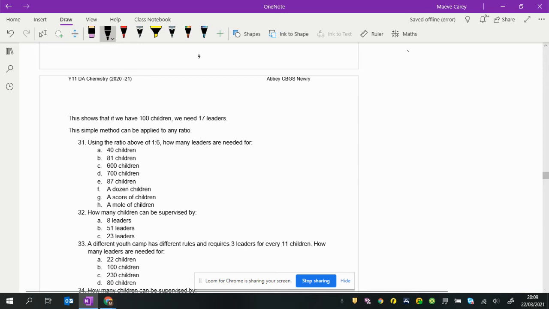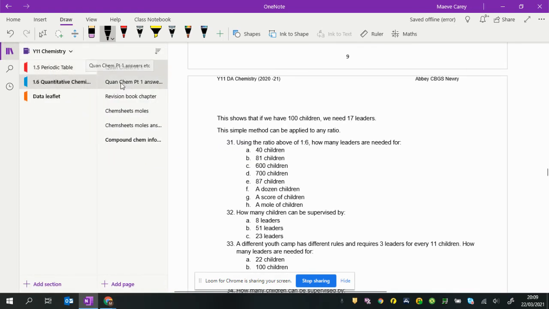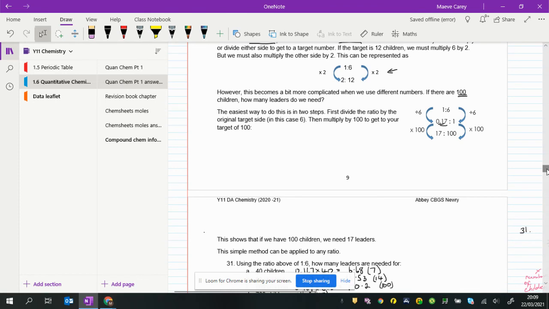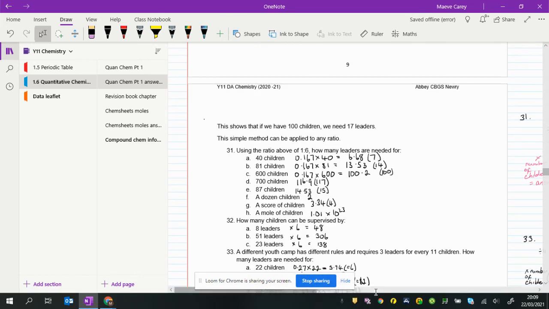The answers are all worked out on the second sheet in the OneNote. So have a go at one or two yourself and see how you get on. When I've done it, for the first one, it works out at 6.68 leaders for 40 children, but you'd round that up to 7 because you can't have a part of a human. So work that through and practise manipulating the ratios. When you can do that, it should be easier when we look at chemical equations as well.